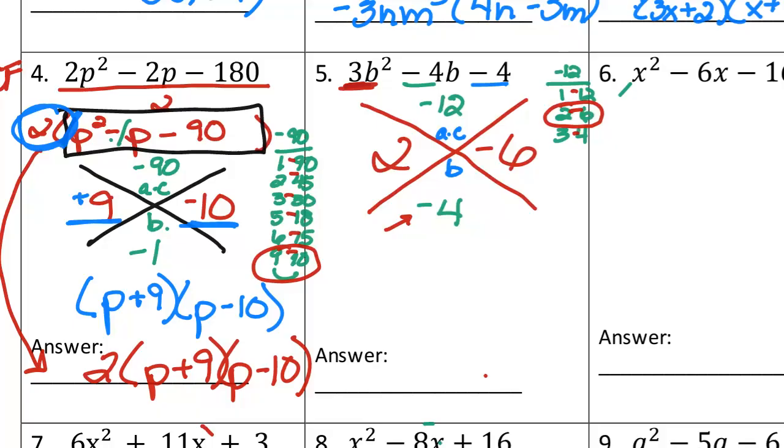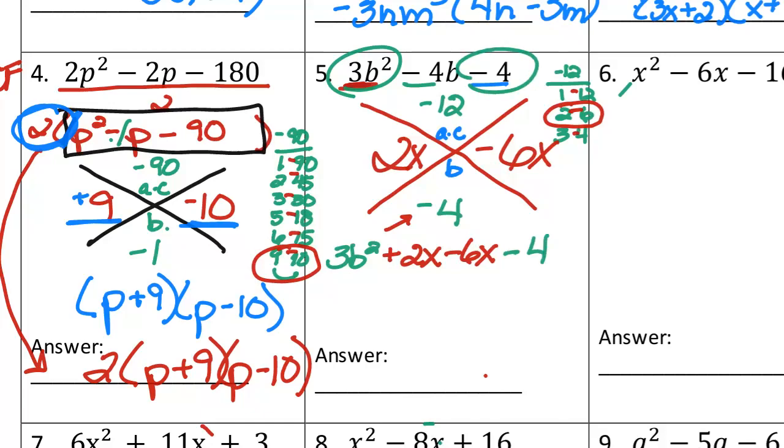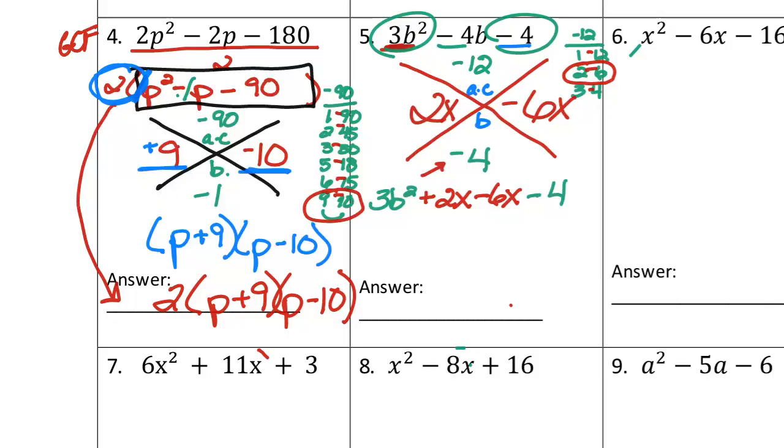So start with this first term, 3b squared. And I have 2x and minus 6x. And the last term is going to stay the same, minus 4. So factor by grouping.